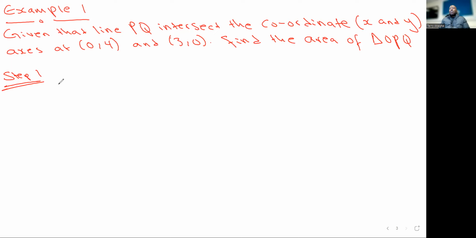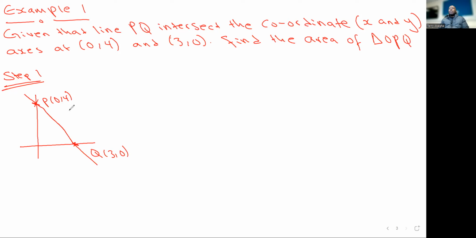So let's draw this. This is the y-axis and the x-axis. We're told the y-intercept is at P, this point here. P is (0, 4). And the x-intercept is at Q. We're told Q is (3, 0). So that means this is the line that is being referred to.